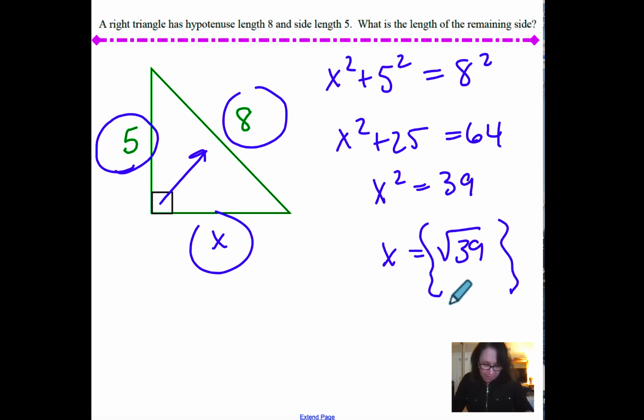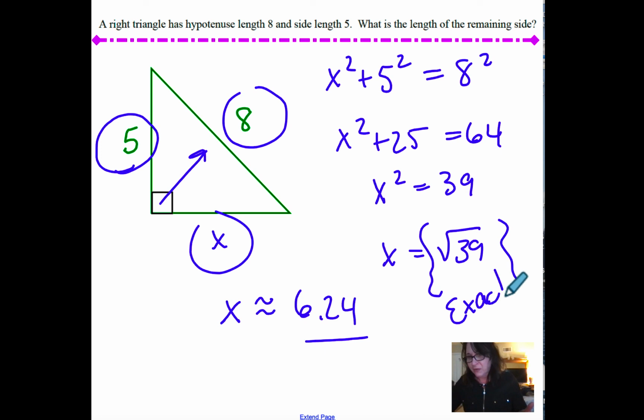However, occasionally we're going to ask you for the approximation, and then you're going to use the little wigglies like that, and then you would say the square root of 39 is approximately more than 6, right? And so that's about 6.24. So depending on what they ask you on the test, whether it is an exact value, it would be this value here, and this would be an approximation.